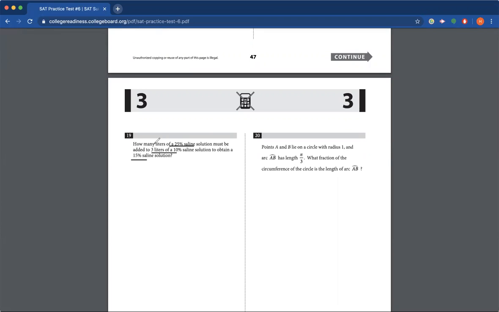Let's say the liters is X. So 0.25 times X plus 3 liters of a 10% solution, so you multiply 0.1 by 3, equals 0.15 times 3 plus X. This is the total, right? We want to obtain a 15% solution, and that's the total after combining the 3 liters and the X.